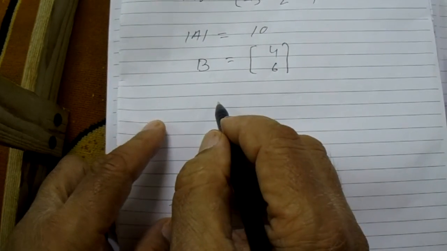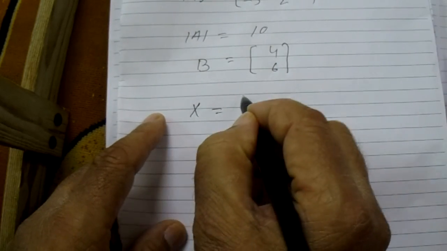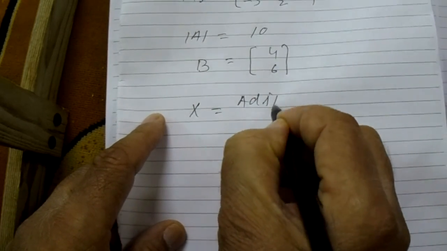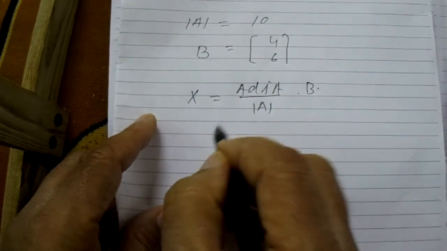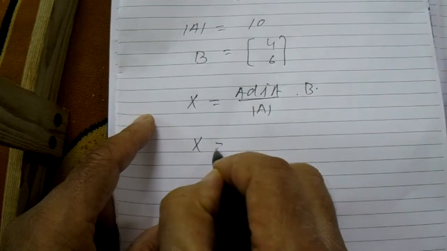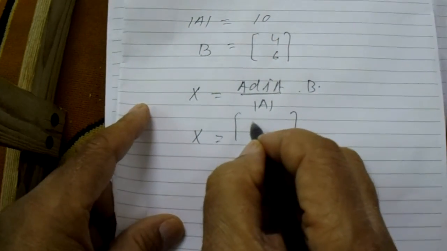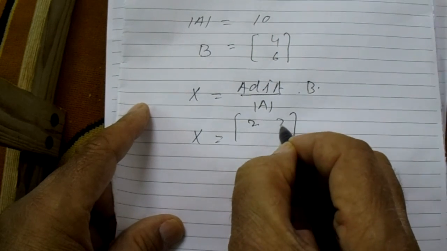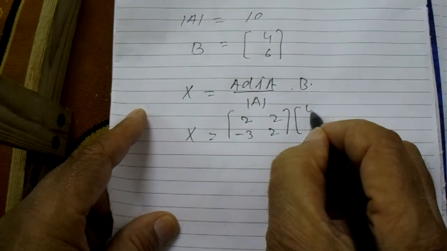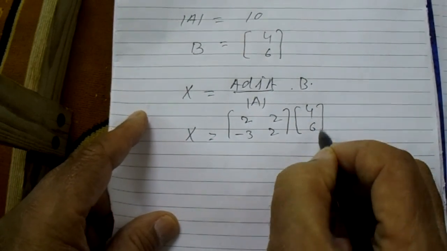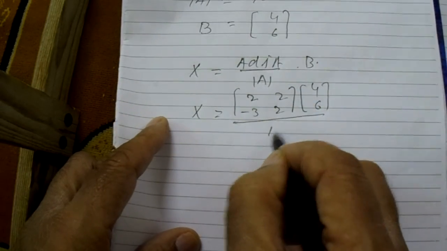Earlier we wrote the formula X is equal to adjoint A over determinant A, multiplied by B. We put these values: X is equal to adjoint A, 2, 2 and minus 3, 2, times B, 4, 6, and in the denominator determinant A is equal to 10.